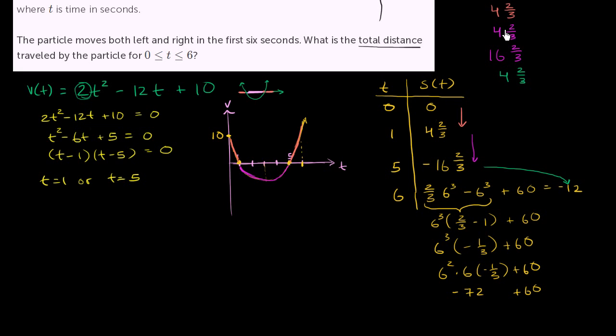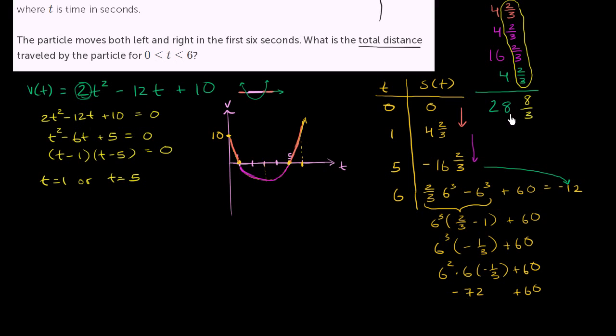And so we just have to add up all of these values. The fraction part, 2/3 times 4, is 8 over 3. And 4 plus 4 plus 16 plus 4 is 28.